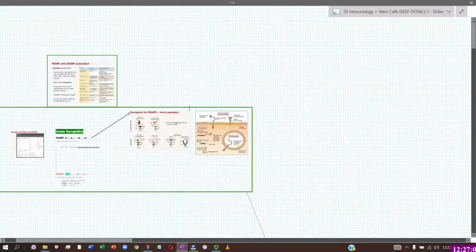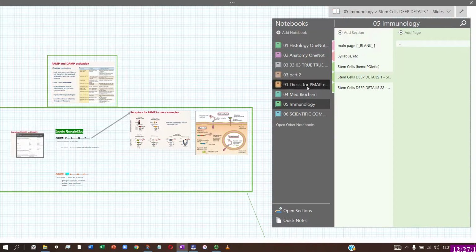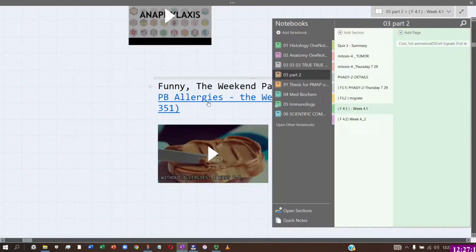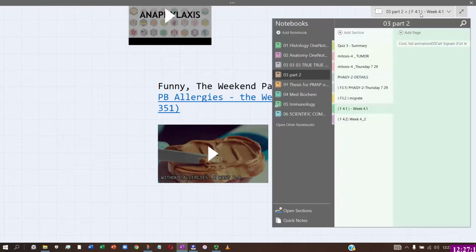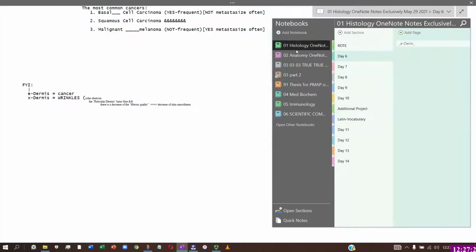So the way that I saw fit to approach this was by going back to as far back as histology.